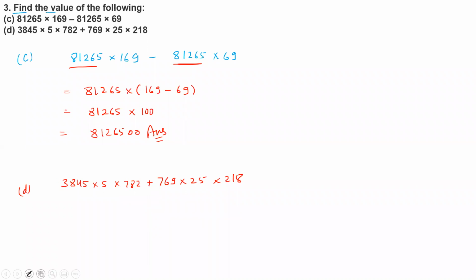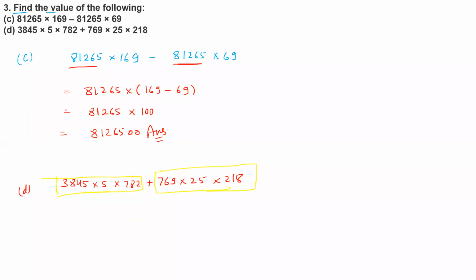First of all, look at the terms. In algebra, I have told you how to identify the given terms. This is one term and this is another term. So there are two terms.